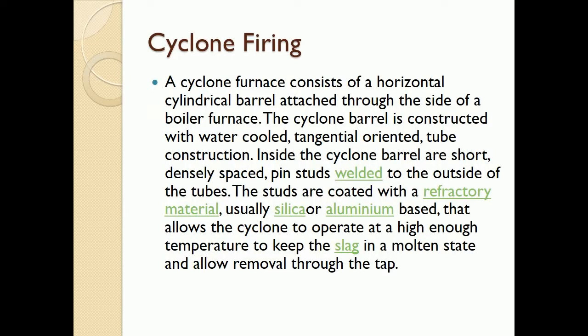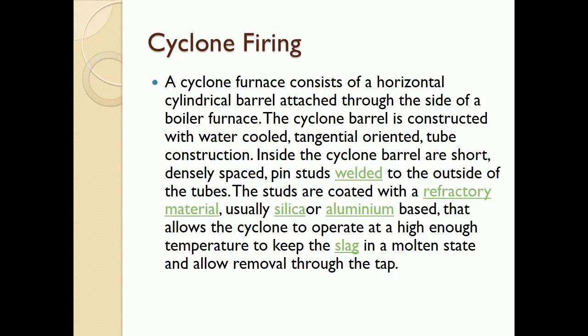A cyclone furnace consists of a horizontal cylindrical barrel attached through the side of a boiler furnace. The cyclone barrel is constructed with water-cooled, tangential-oriented tube construction.